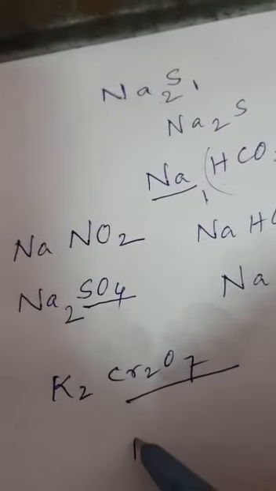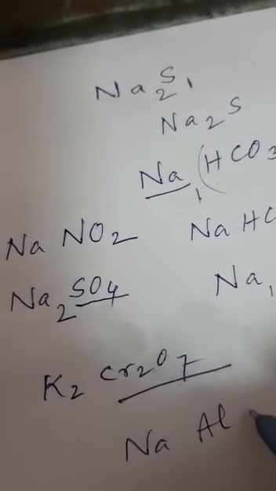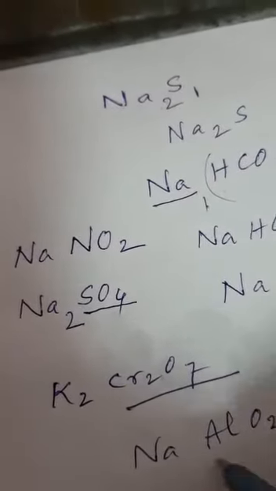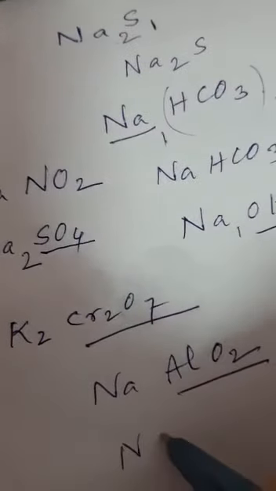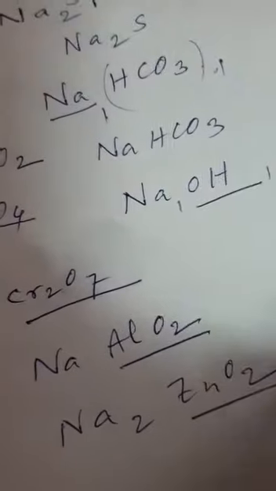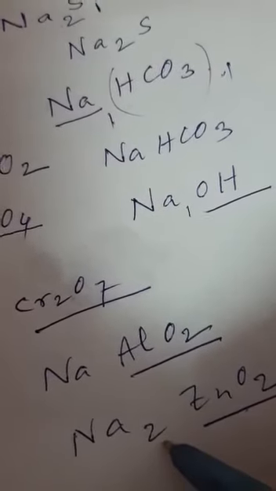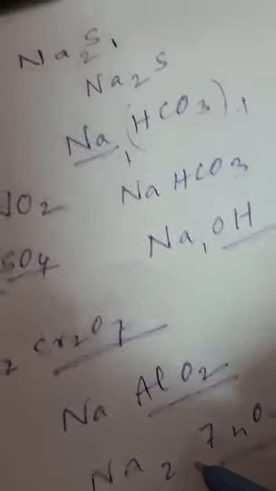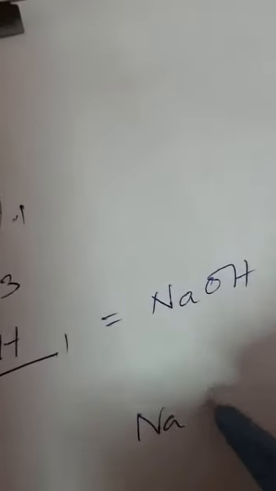Sodium aluminate, NaAlO2. Here aluminate has the valency of 1 and sodium has also. Sodium zincate, Na2ZnO2, because zincate has the valency of 2. But sodium bisulfate, NaHSO4.